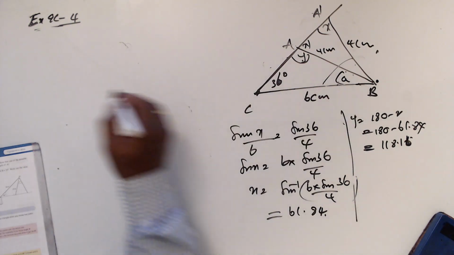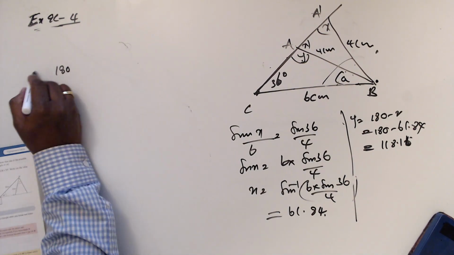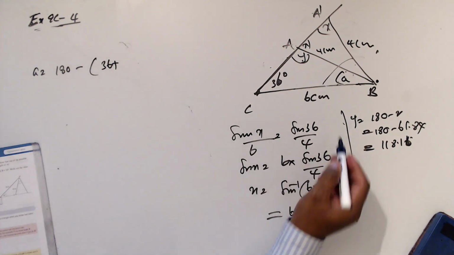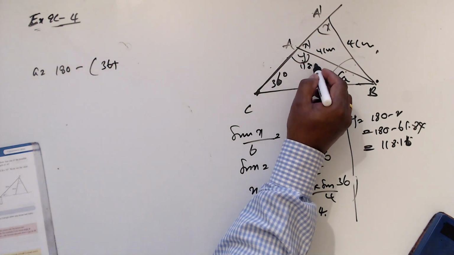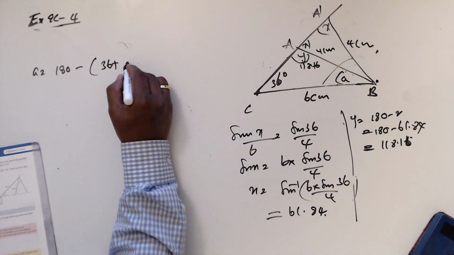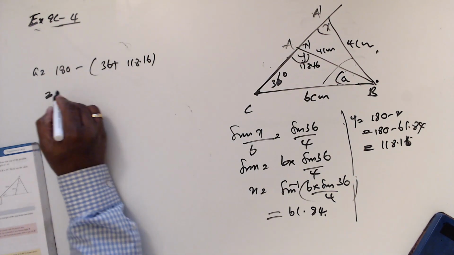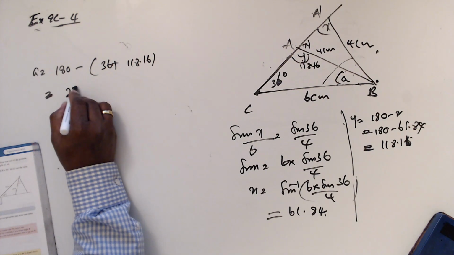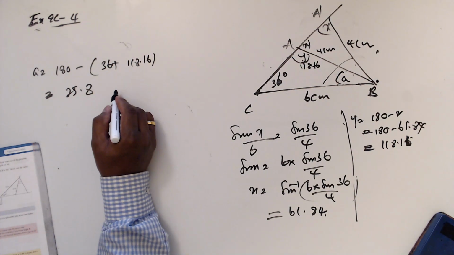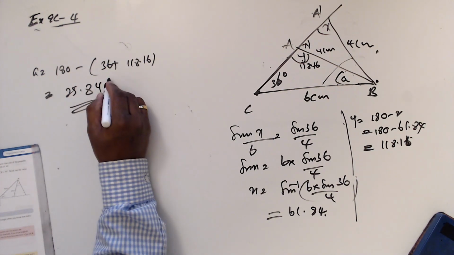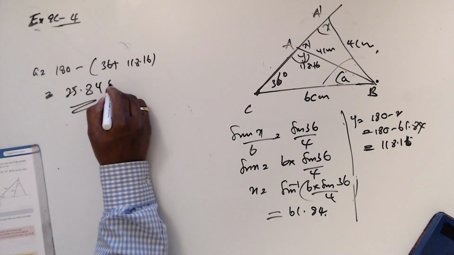So this one is 180, A equals 180 minus 36 plus this 118.16. So this is going to be 25.84 degrees.